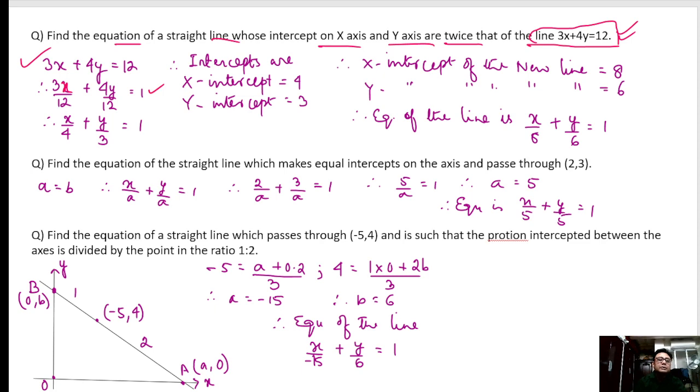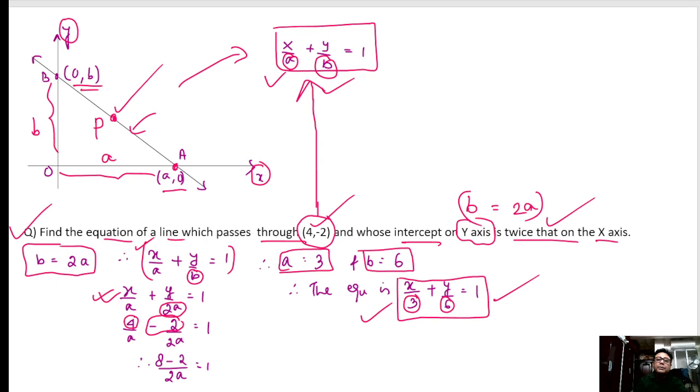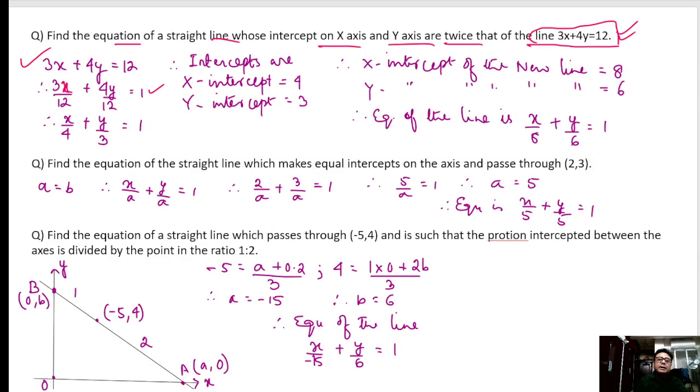Why? Because in the intercept form the right hand side should be 1. So we divide this whole equation by 12, and it comes out to be this. That means this line's x-intercept is 4 and y-intercept is 3.